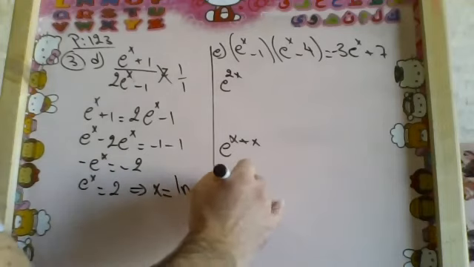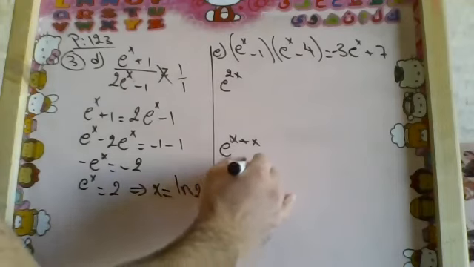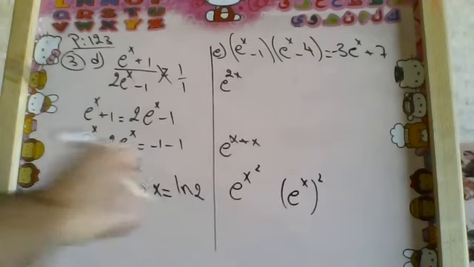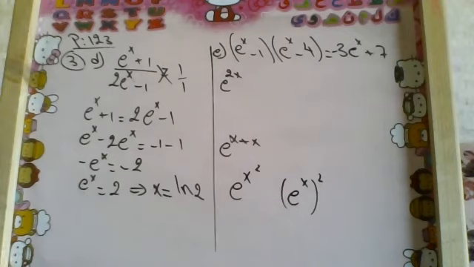Rania, which e power x squared are you talking about, the first or the second? Without brackets or with brackets? And what's the difference?